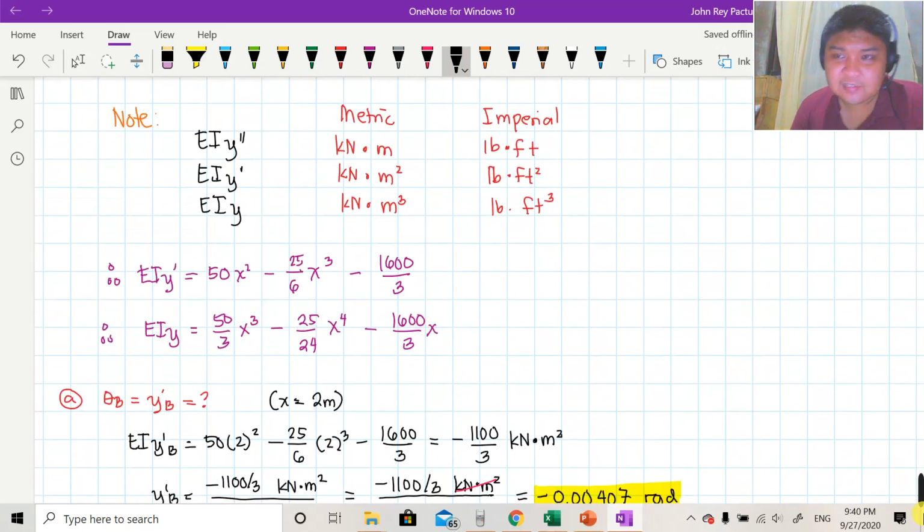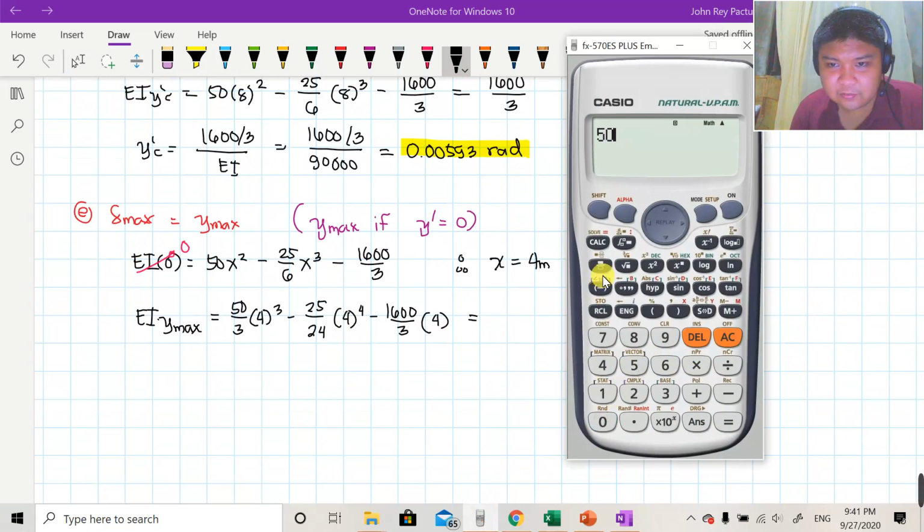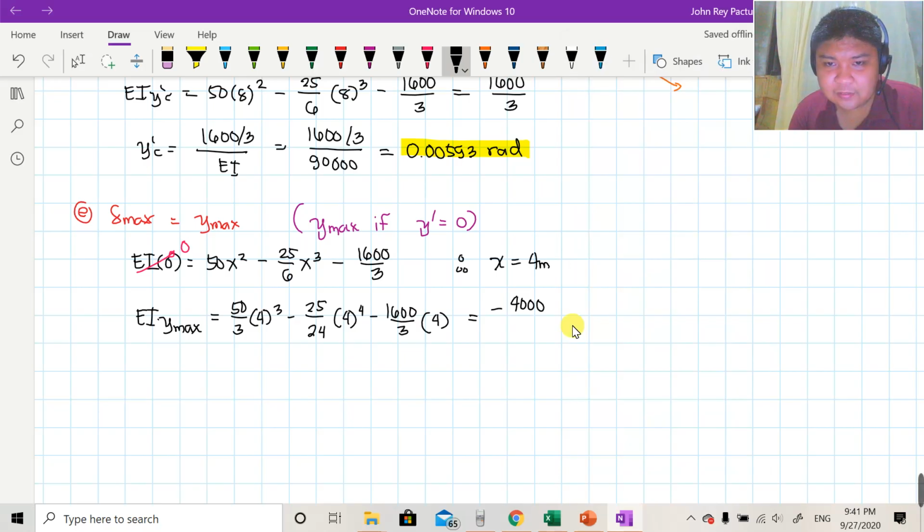Sinubstitute ko lang, class, yung 4 dyan. So, therefore, ang magiging sagot natin dito ay equal sa 50 over 3 (4 cube) minus 25 over 24 (4 to the 4th) minus 1,600 over 3 times 4. Ang sagot natin ay negative 4,000 over 3.